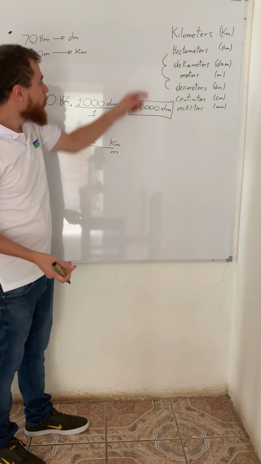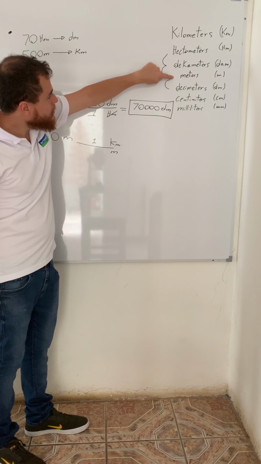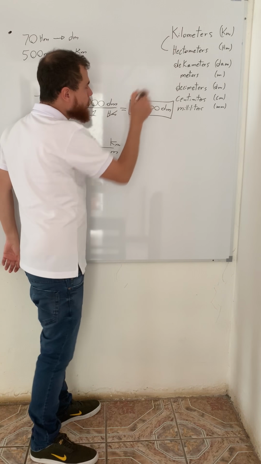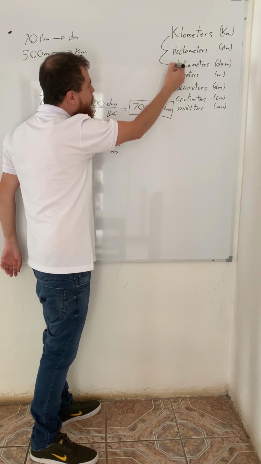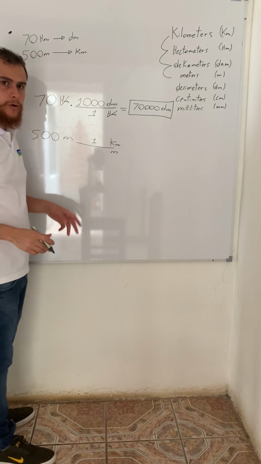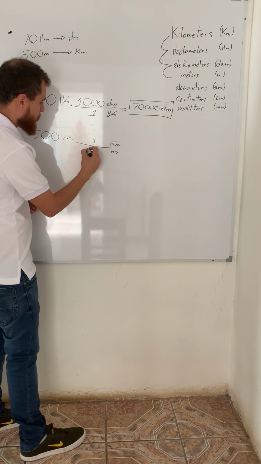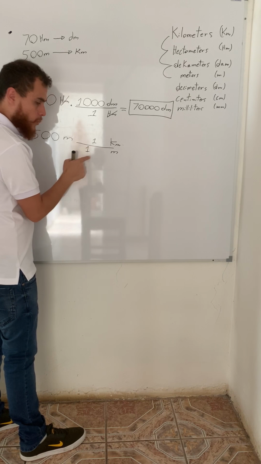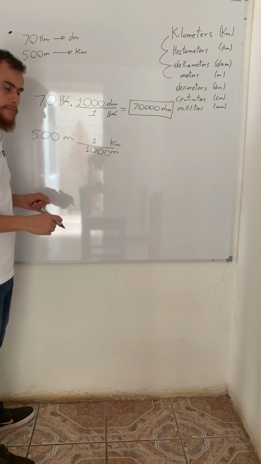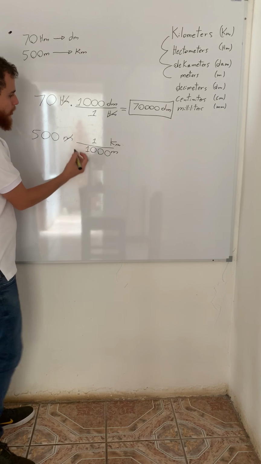And then, when I'm going to meters, I need to take 1, 2, 3 steps. So that's going to be a total of 3 zeros again. So 1, 2, 3 zeros. I'm going to cancel the unit out.